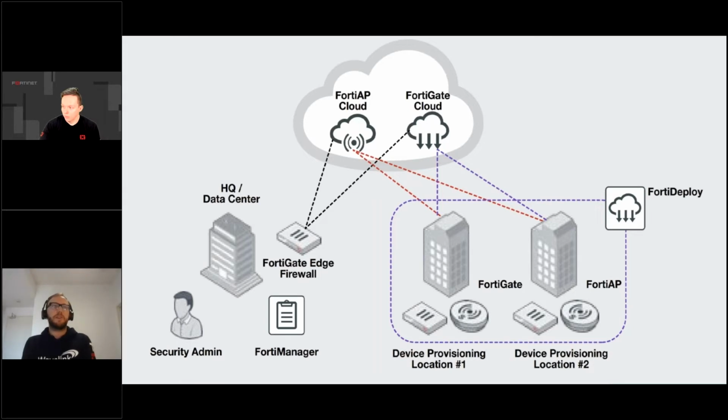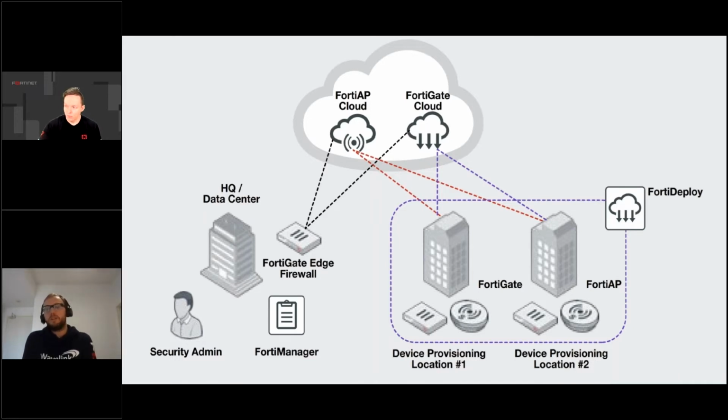From there, the device receives the customer's pre-configured management choice for their devices, whether they would be managed by a FortiManager, or by some of Fortinet's cloud services like FortiGate Cloud or FortiLAN Cloud. Once this process is complete, the device can be monitored and managed from whichever management interface is chosen for that specific device.